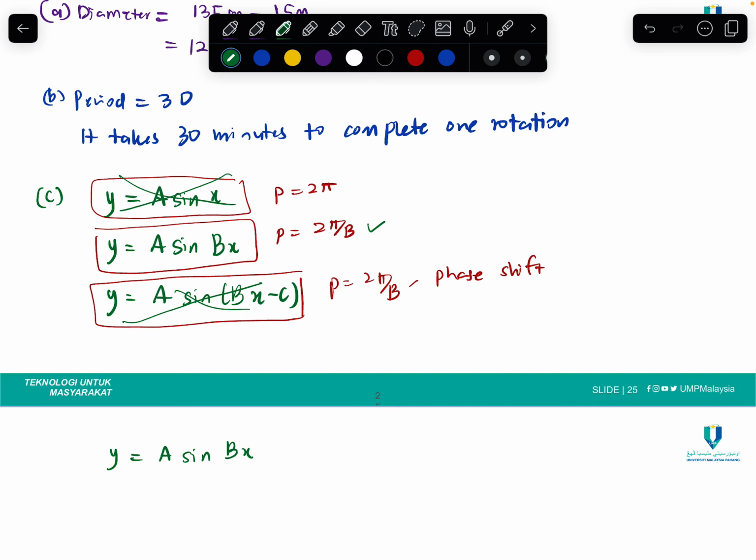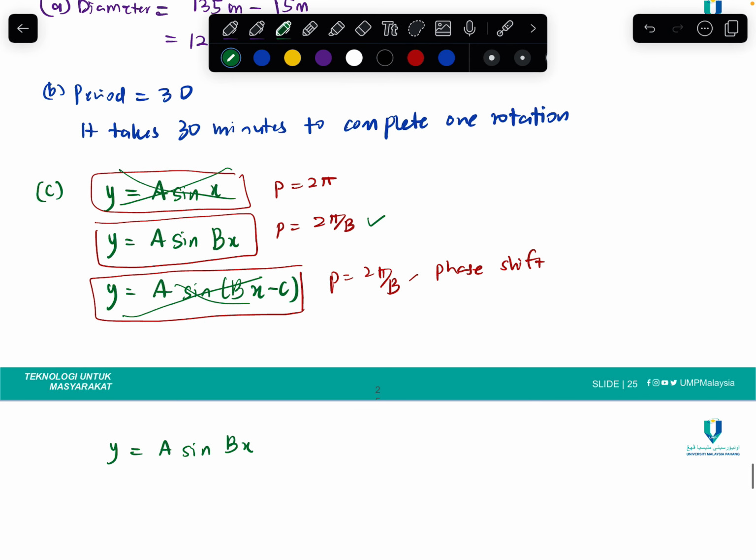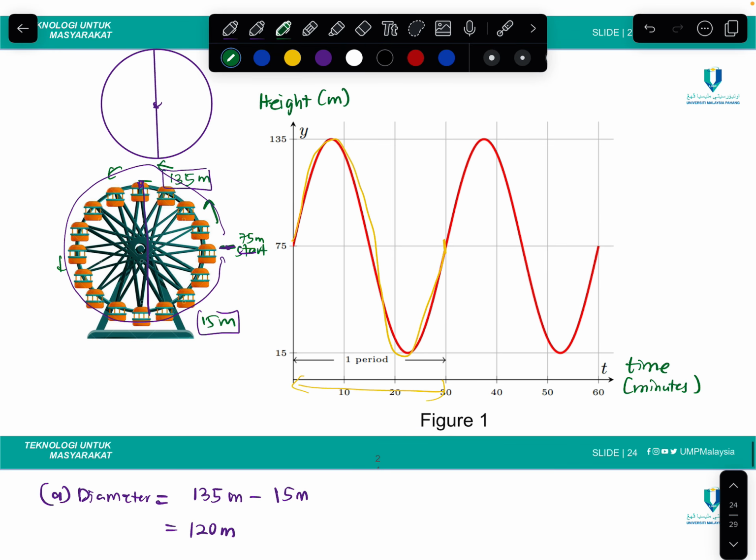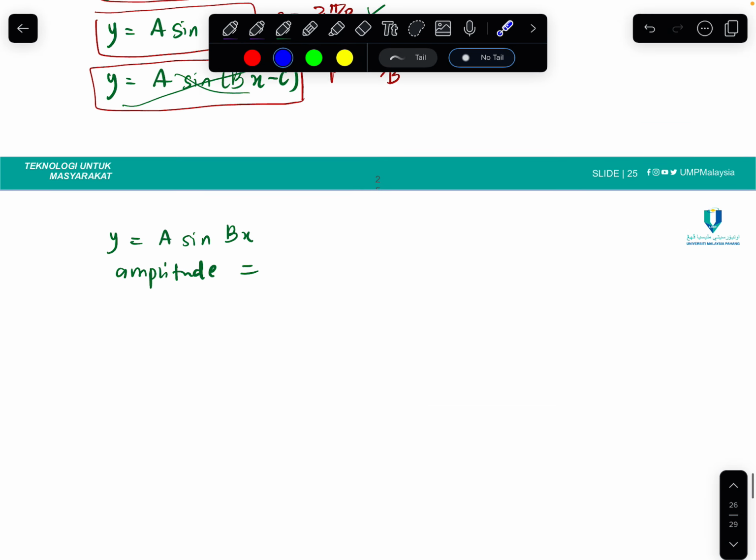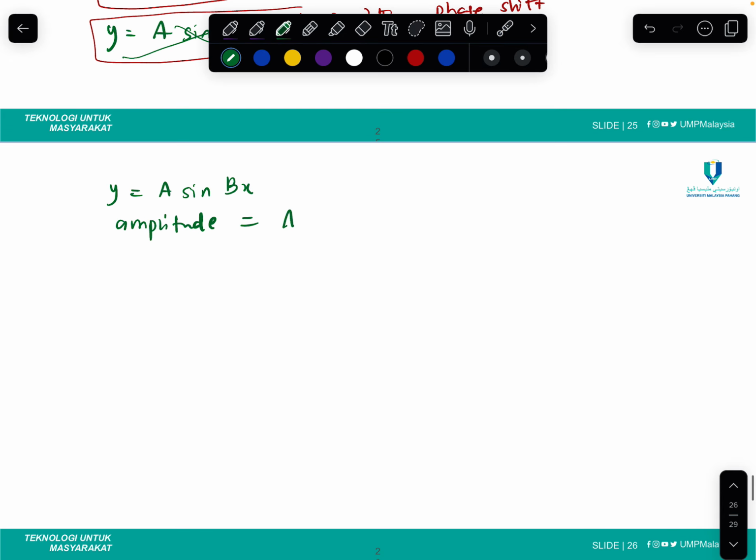A is the amplitude. So what is the amplitude here? Since the center line is not at zero, you can calculate the amplitude using the formula maximum value minus minimum value over 2.